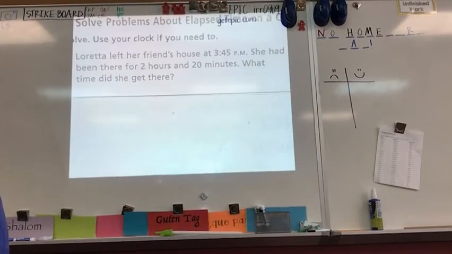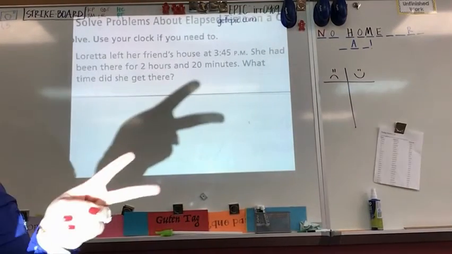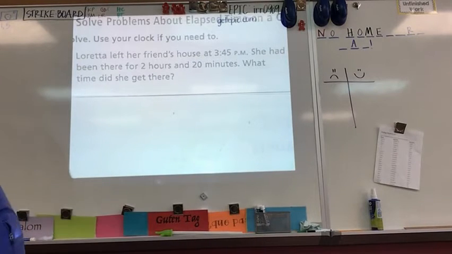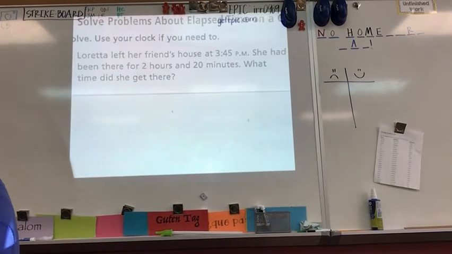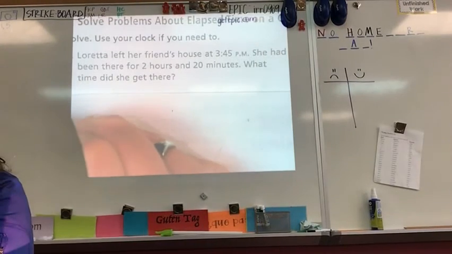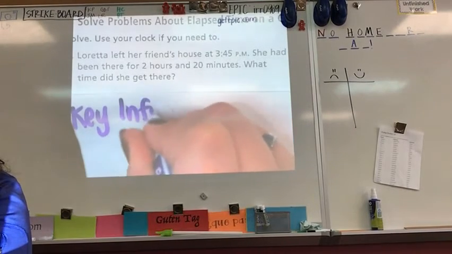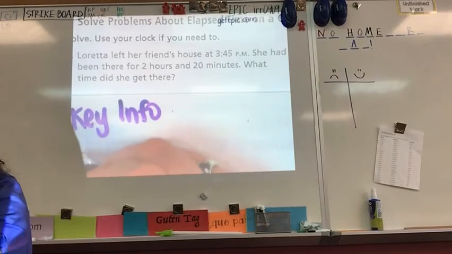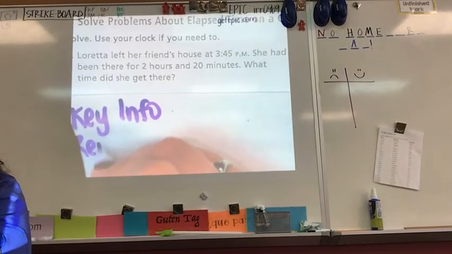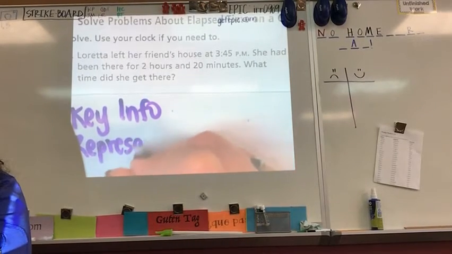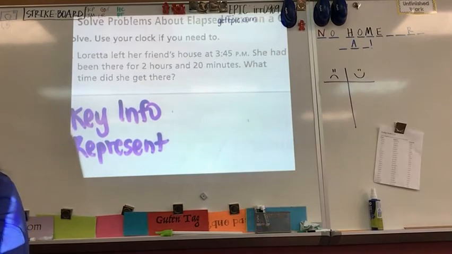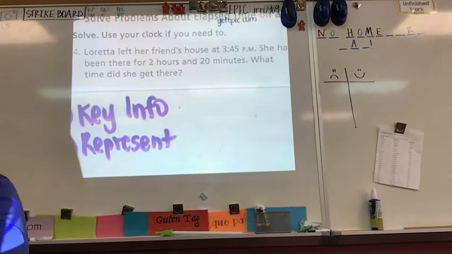Okay, girls, I'm still in lesson 8, but this is activity 2. Let's go ahead and read the problem. And I did want to remind you, every time that we are working these out, first, you're going to identify the key information. Then you are going to represent the problem, whether you choose a clock or a number line.